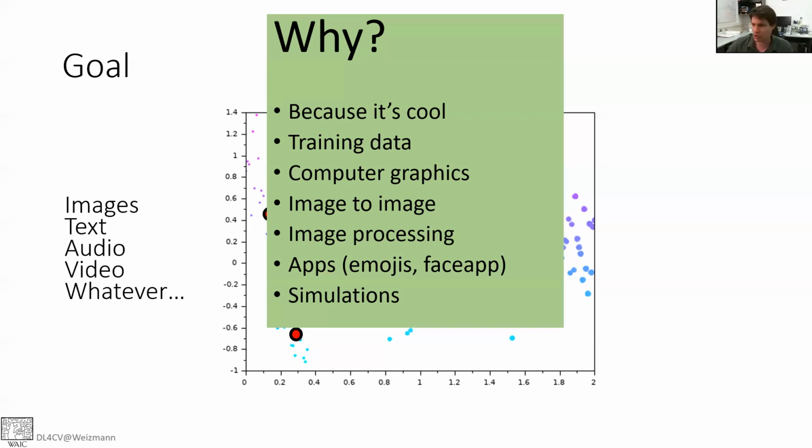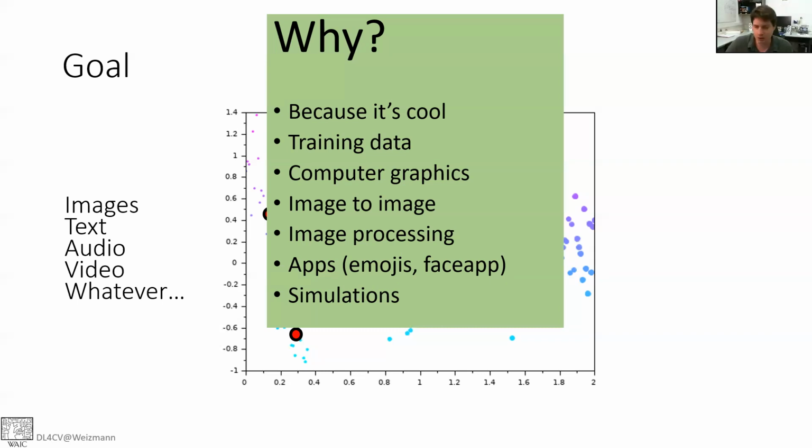You can do all this image-to-image stuff that we'll see can sometimes be very useful. There are many applications, and some of them you've maybe seen. You have this avatar of yours, or about a year ago, everybody was talking about FaceApp, where you can see how you look when you're older, and simulations.